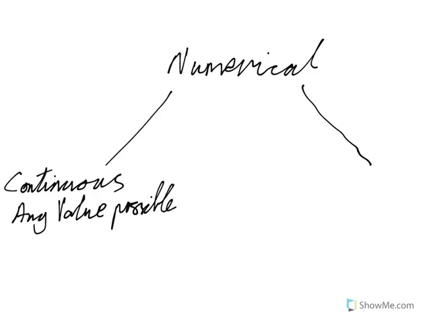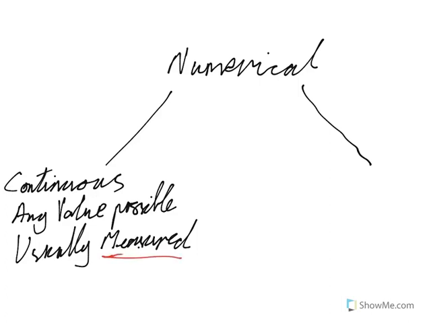And the key thing is usually measured. So if you're talking about if something's continuous, you say, do I measure that? And generally, if you do measure it, then it's continuous. So height, for example.